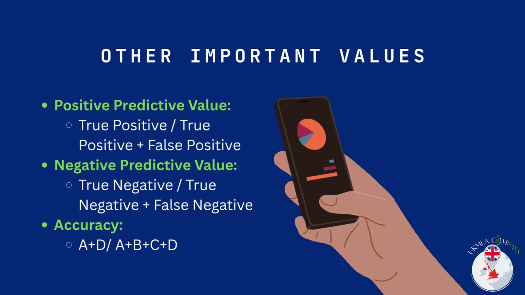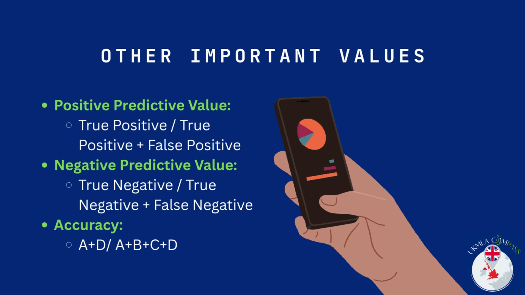This is the positive predicted value. The negative predicted value, I'm trying to know the opposite: how many negatives were actually negative. So I bring the true negative over the true negative plus the false negative. So out of all the negatives, which ones were actually negative? This is a measure of sensitivity and specificity.